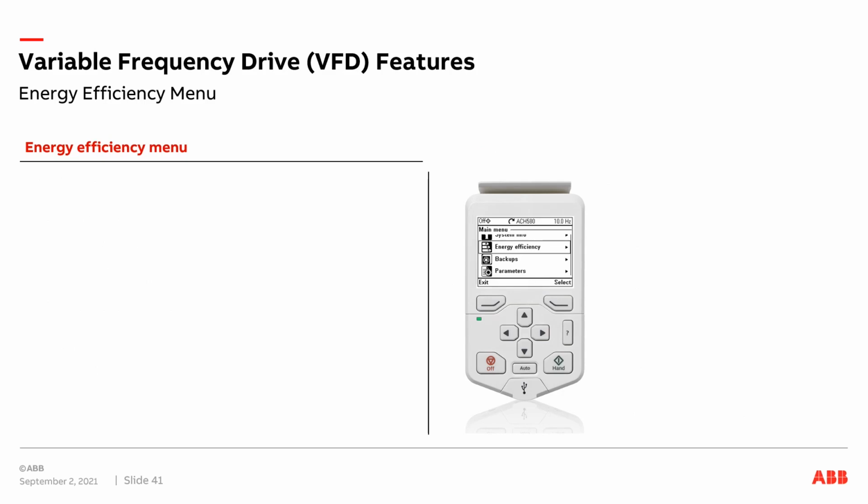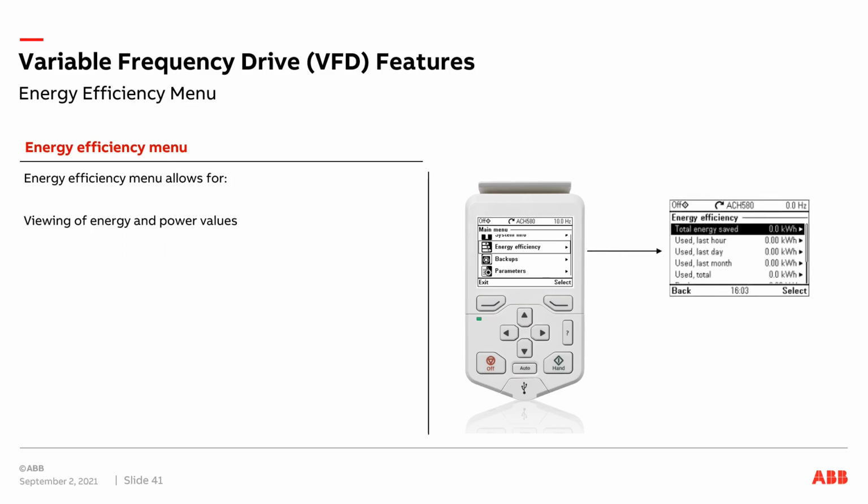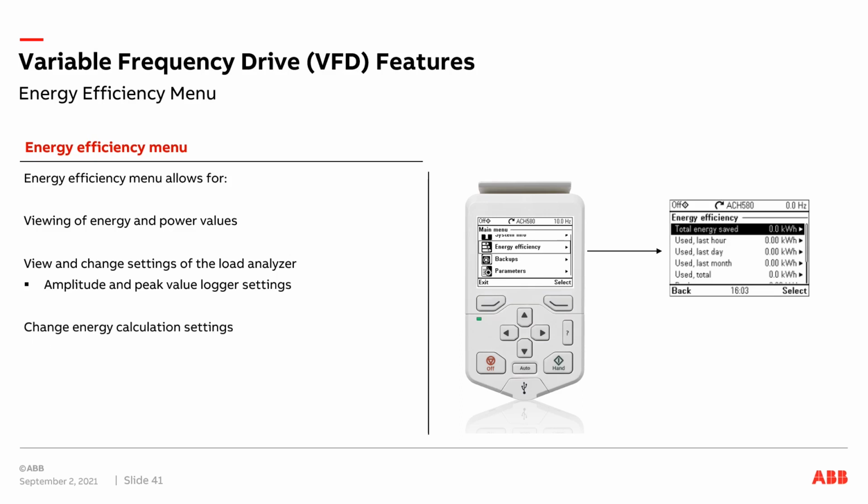So, the energy efficiency menu. The energy efficiency menu allows for viewing of energy and power values, viewing and changing settings for load analyzers, and amplitude peaks and value logger settings. You can change energy calculation settings in the energy efficiency menus.